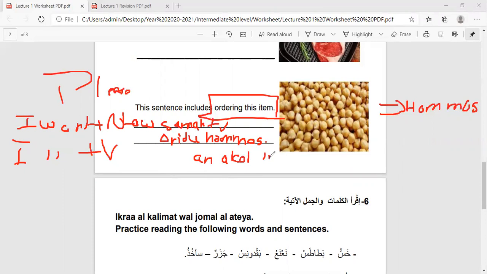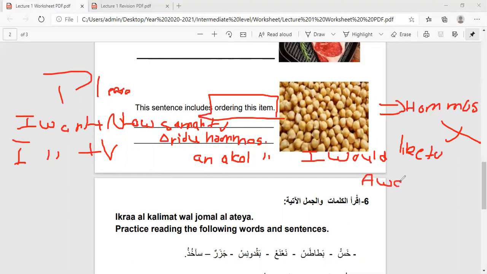حمص. Now, you can use, instead of I want, I would like to. Okay? But after I would like to, you cannot use a noun. You have to use a verb. So want can be followed by a noun and a verb. I would like to can only be followed by a verb. I would like to, what does it mean? أود.